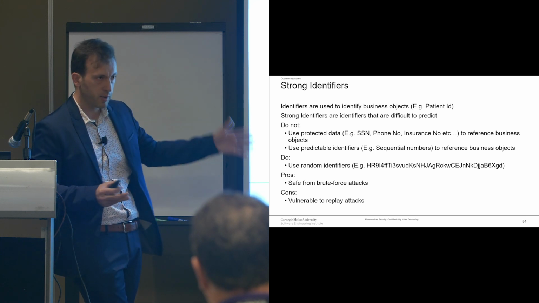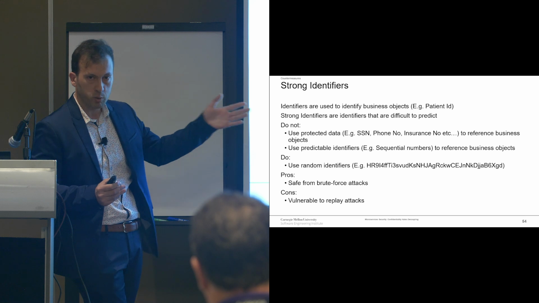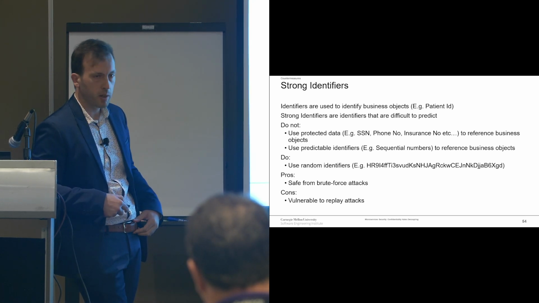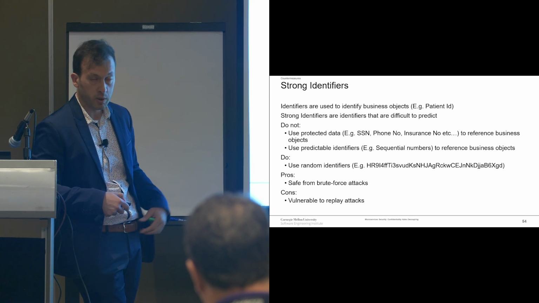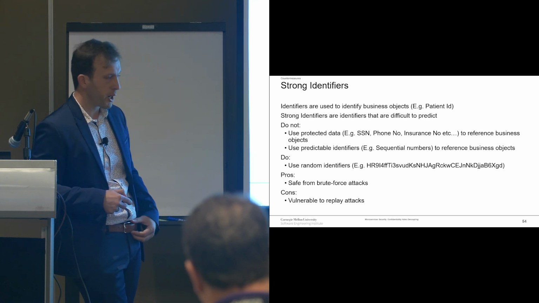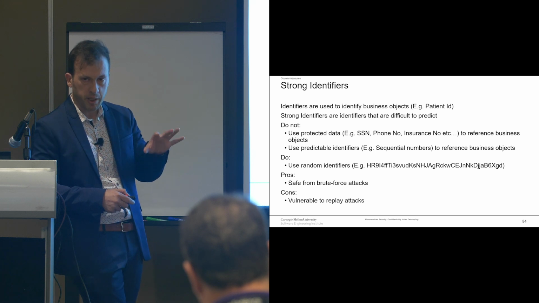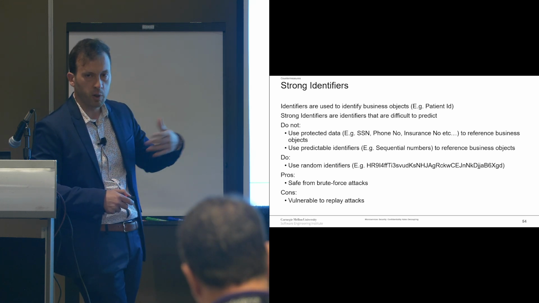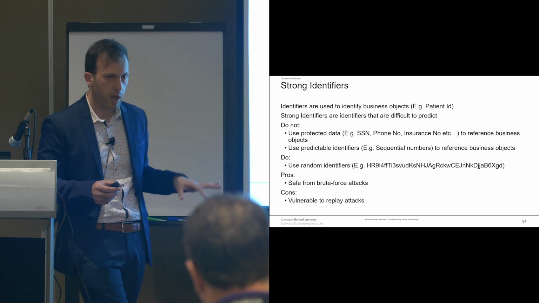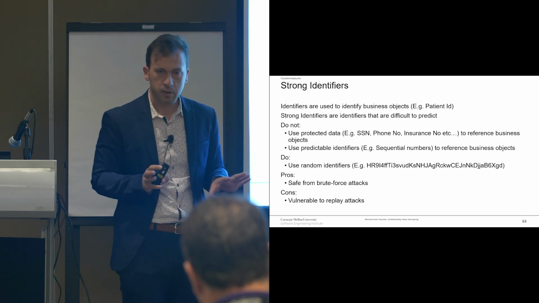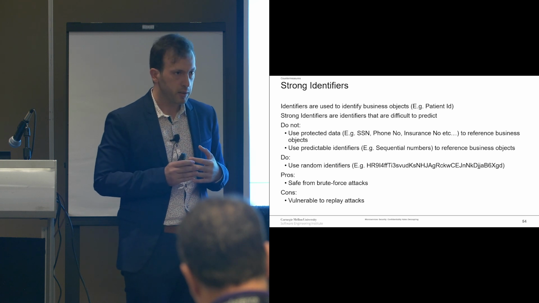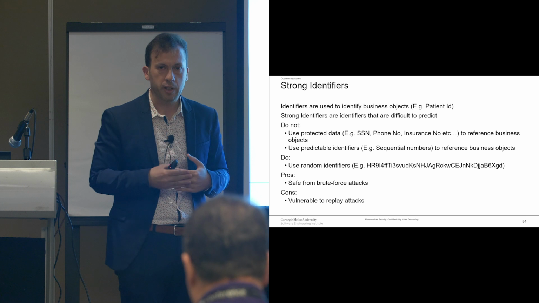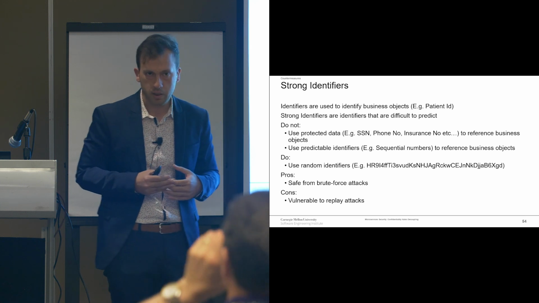I can't create a list from 1 to 1,000. But it's vulnerable to replay attacks. What does that mean? If I know the ID of a specific patient, then I can use it later on to get his data forever. For example, a patient has an appointment today and I learn his ID. Then I can use this ID to make requests for the next year.